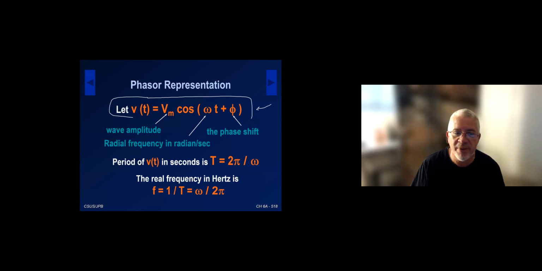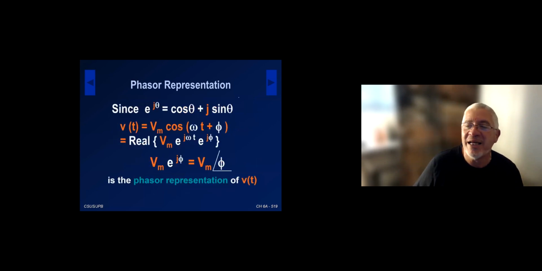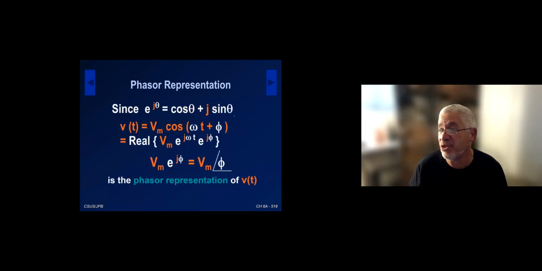The entire phasor representation is based on Euler's identity, which is given right here. Euler's identity tells us that e to the j theta is equal to cosine theta plus j sine theta. So when we look at a function like this, which is the type of function in our sources, because of Euler's identity, that function is equal to the real part, being just the cosine part, of Vm e to the j omega t e to the j phi.